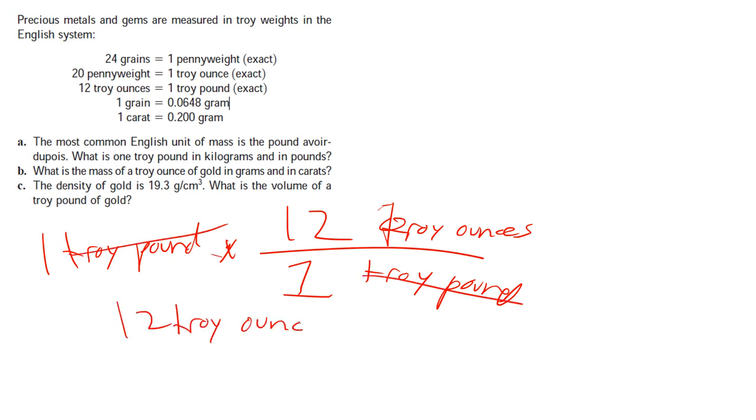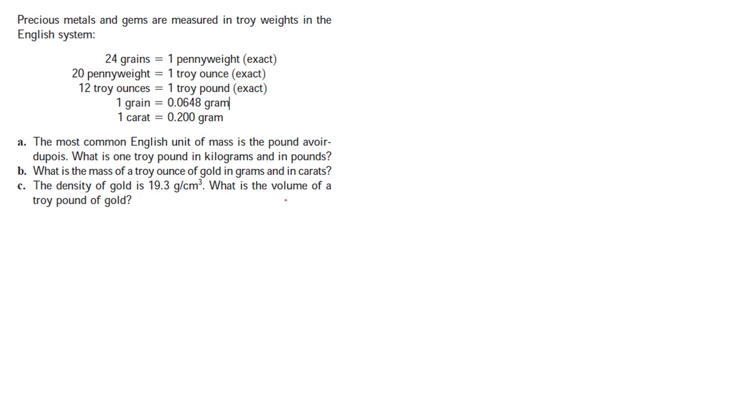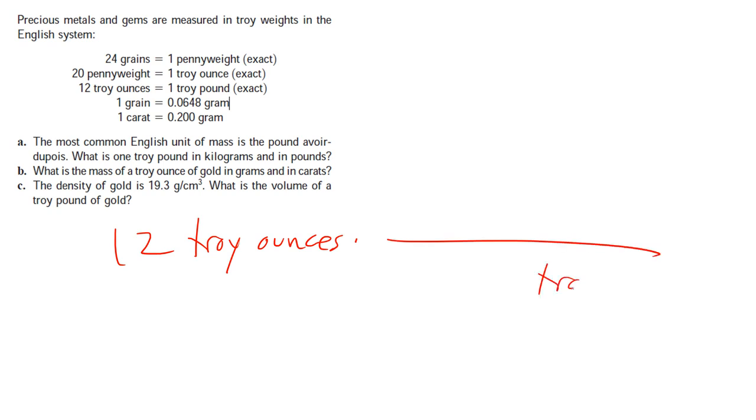Now let's convert troy ounces. What's the conversion for troy ounces? That's pennyweights. So we have 12 troy ounces. I want to put troy ounces on the bottom because we're going to cancel it, and there's pennyweights, PW.